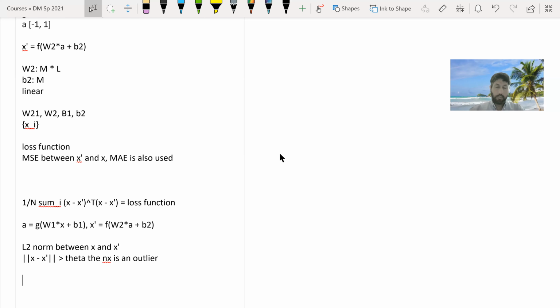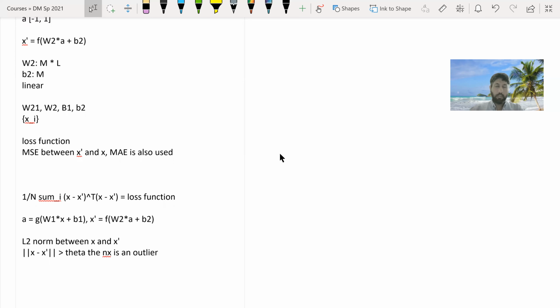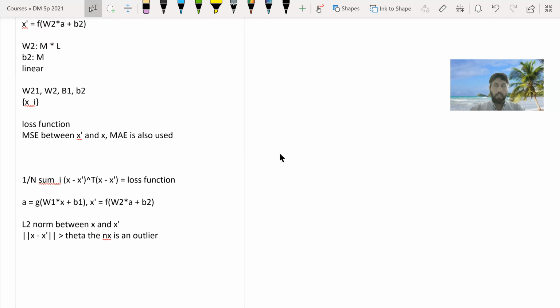Okay, so this essentially is the autoencoder approach to outlier detection, which is a reconstruction based approach. We build a model over the data, and since we are training it for reconstruction, it will try to capture the main behaviors within that data, because then the reconstruction error will be small.